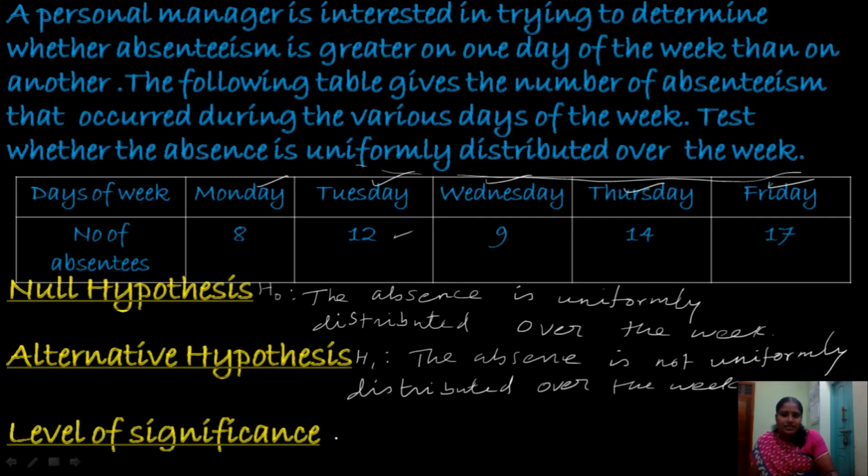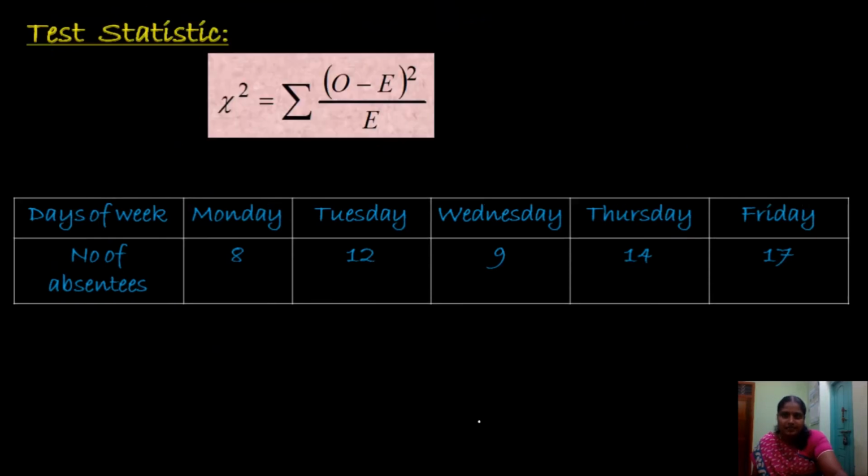After this, let us go for the level of significance alpha. Nothing is mentioned about the level of significance, so I have to take 5% level of significance, that is 0.05. After setting up the null and alternative hypotheses, let us go for the test statistic.